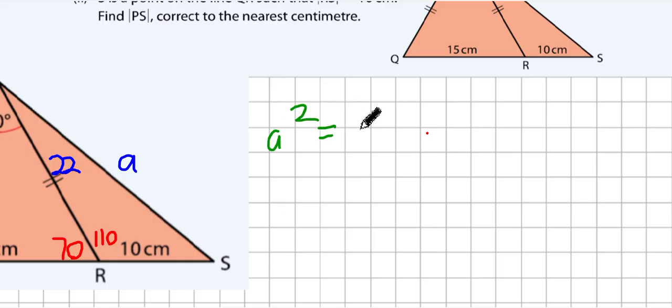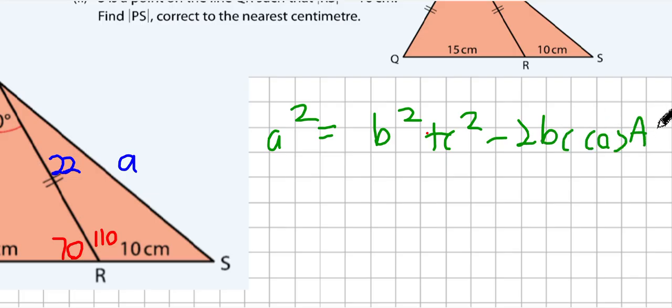And here's your cosine rule. Okay, Jay, are you with me? Okay, we're using the cosine rule for this question here. So who's A fighting? A length fights an angle. So what angle is it fighting? Anybody else help him out? It's fighting 110. So that's A squared on the left.